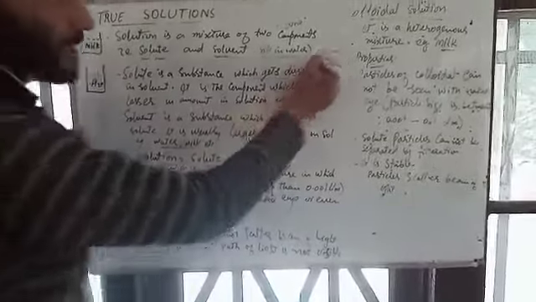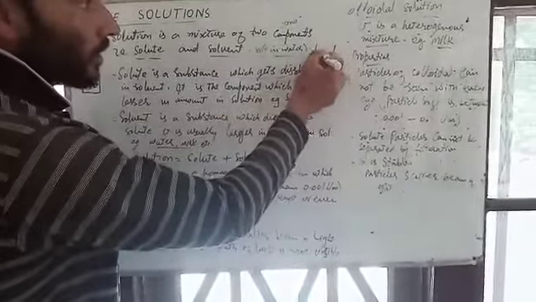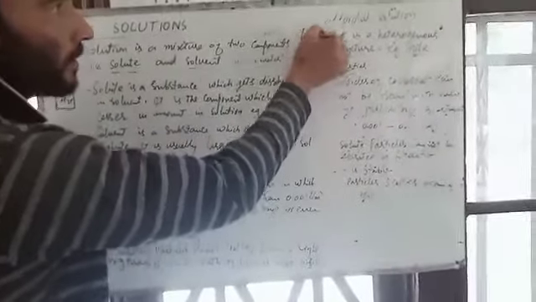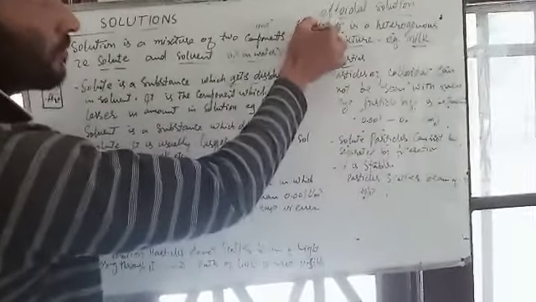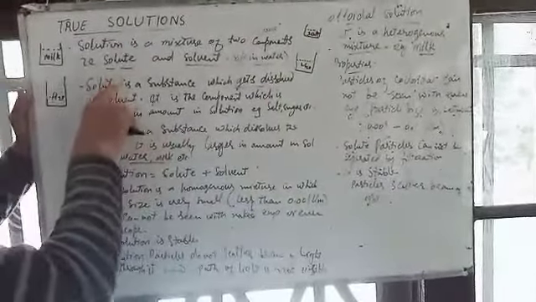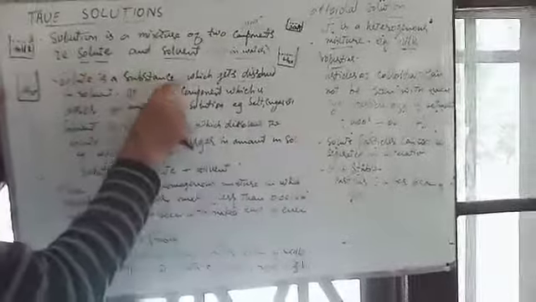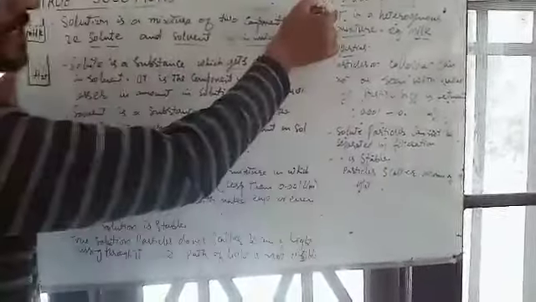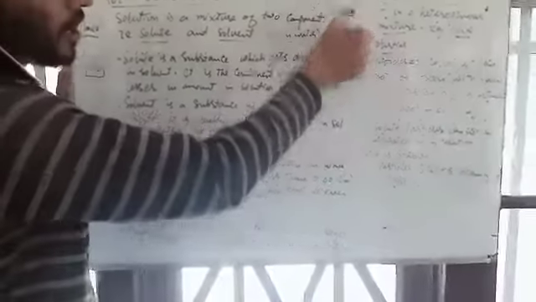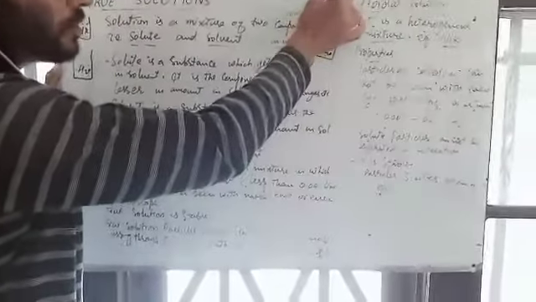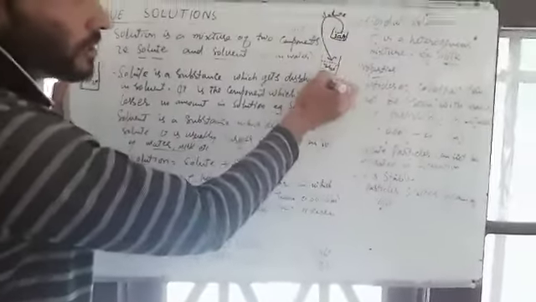I will show you two examples here. Number one, it is the water glass, it is water, and here it is salt. Now, I wrote here that solute is a substance which gets dissolved in solvent. If we add salt to water, the salt will get dissolved in it and become the solution. That means salt is solute and water is solvent.